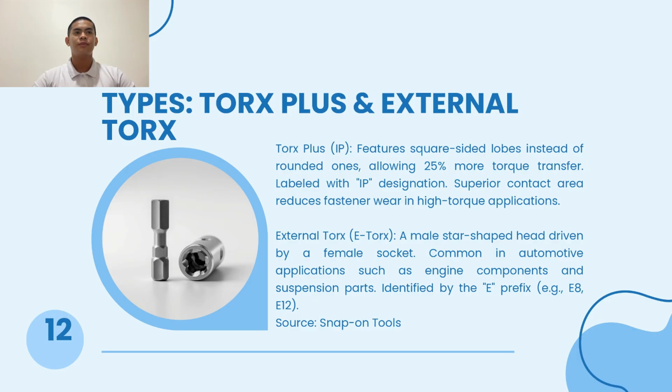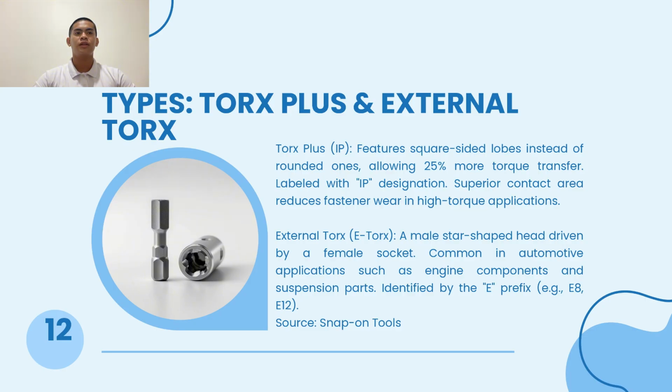Torx Plus, labeled with IP designation, features square-sided lobes instead of rounded ones, allowing for 25% more torque transfer and reducing fastener wear in high torque applications. There is also external Torx or E-Torx, which is a male star-shaped head driven by a female socket rather than a wheel.